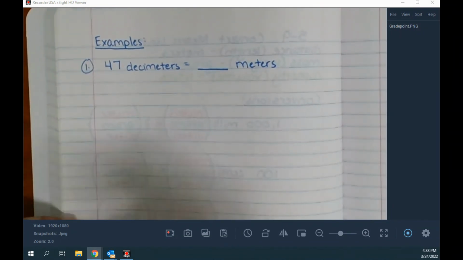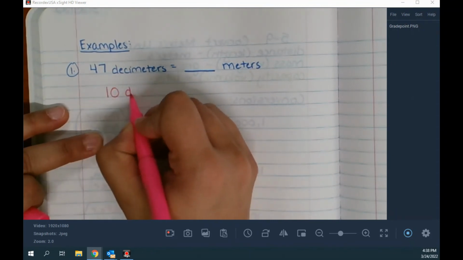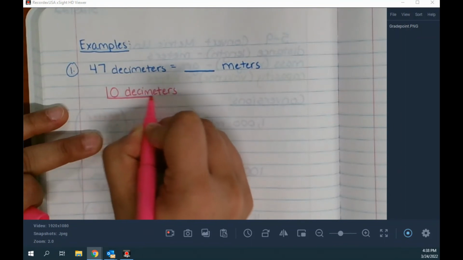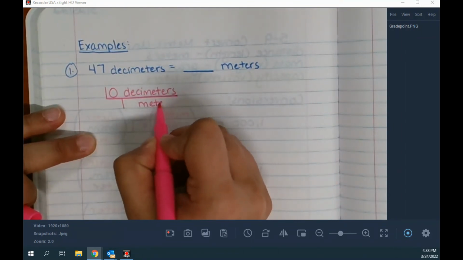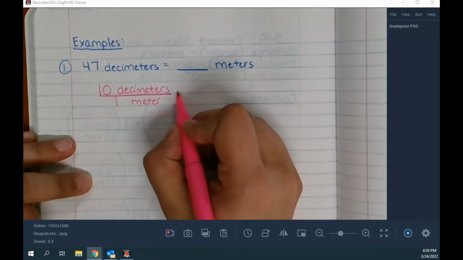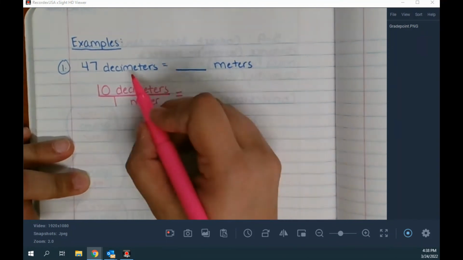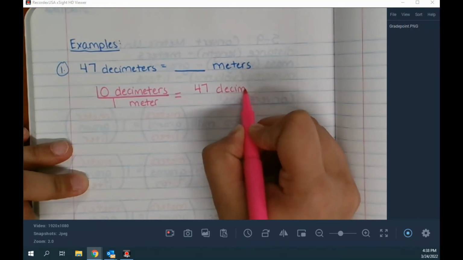So again, we said there are 10 decimeters per 1 meter. Well, I know that I'm looking for 47 decimeters. So since decimeters is in the numerator, I'm going to put 47 decimeters in the numerator.